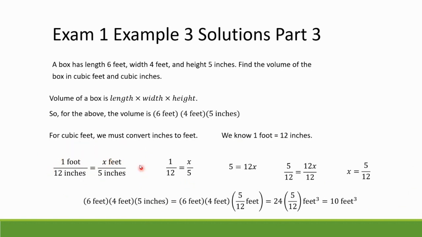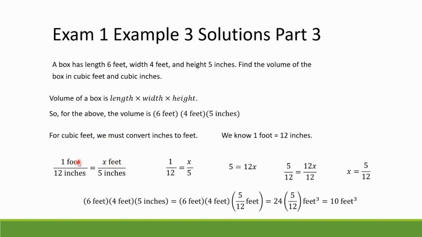So we can make a proportion: one of the ratios is 1 foot over 12 inches, right? On the other side, x feet over 5 inches. So we're making a proportion, as you can see.